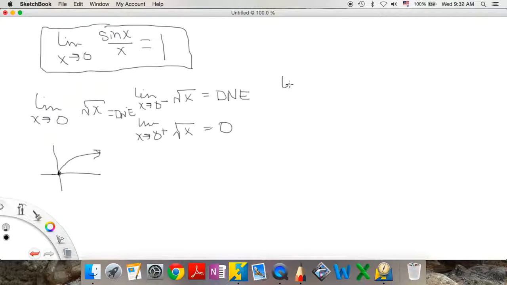Another function that you really need to know is the greatest integer function. It's often written this way. Sometimes, especially in your book, it's written INT x. Remember, that's the stair step one, where you do the step like this.